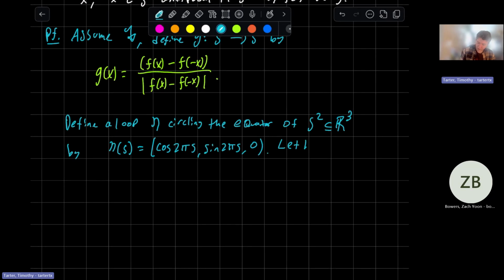And let h from the unit interval to S1 be the composed loop g eta. And I'm kind of wondering, that doesn't seem like that'll work, but okay.